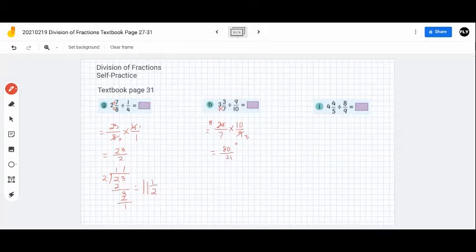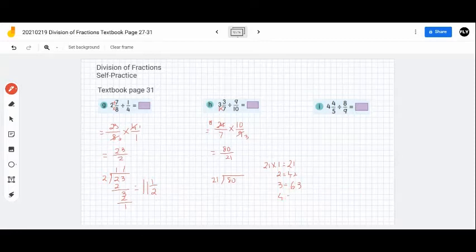You cannot leave your answer in improper fraction, so you have to change it to mixed number. 80 over 21 is also 80 divided by 21. Okay, if your multiplication table is not good, please do your multiplication table at the side. 21 times 2, 42. 21 times 3, 63.